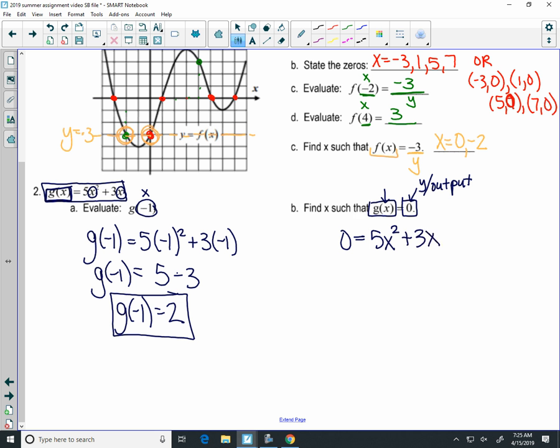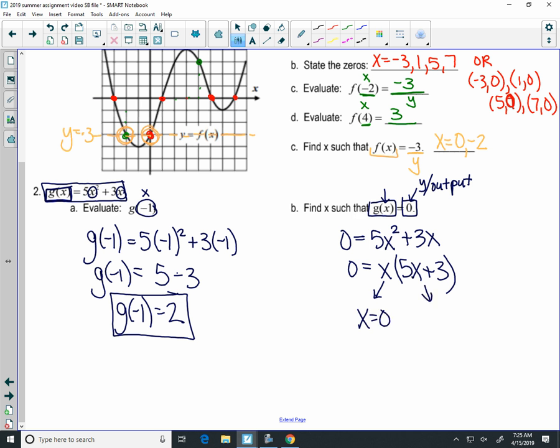And now we're going to solve for x. Of course, in this situation, seeing that x squared, we are going to want to factor. This is not a trinomial, so all I need to do is take out a greatest common factor. My 2 terms have x in common. When I take out an x, my first term is left with 5x. When I take out x, my second term just has a 3 left. So here I have x equals 0.